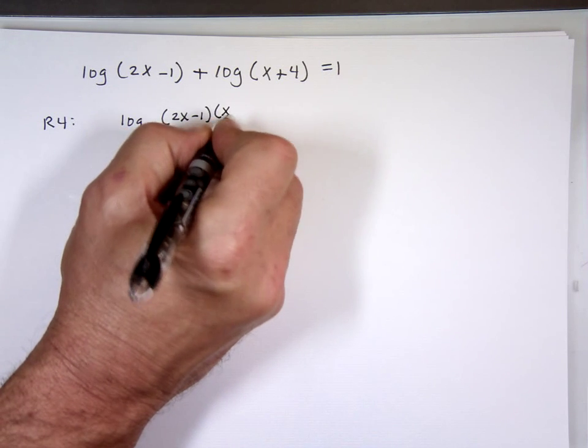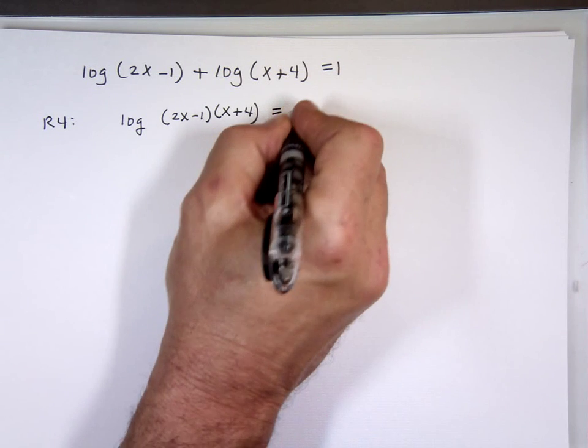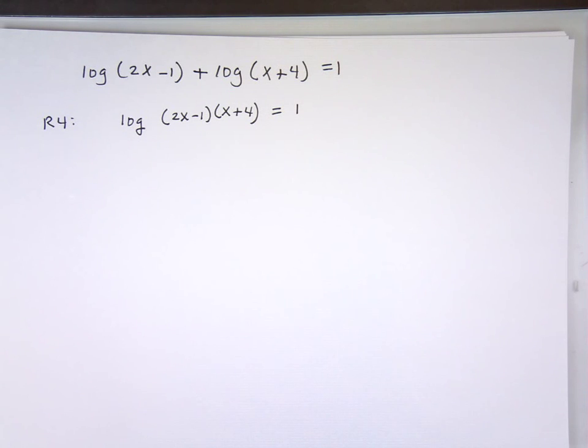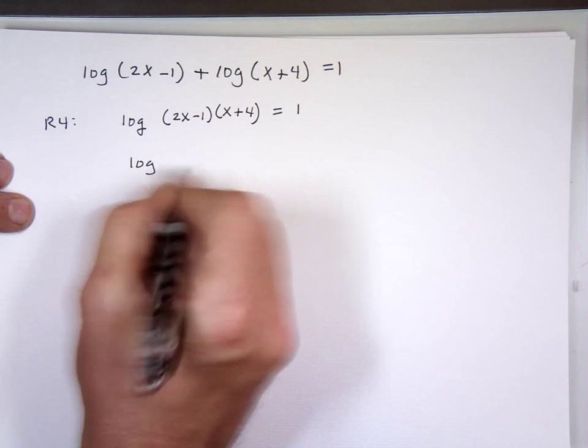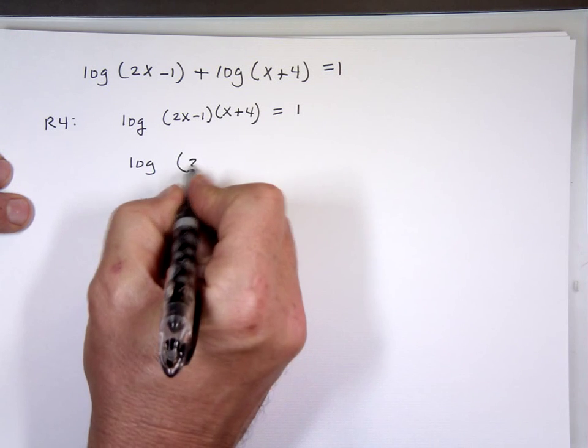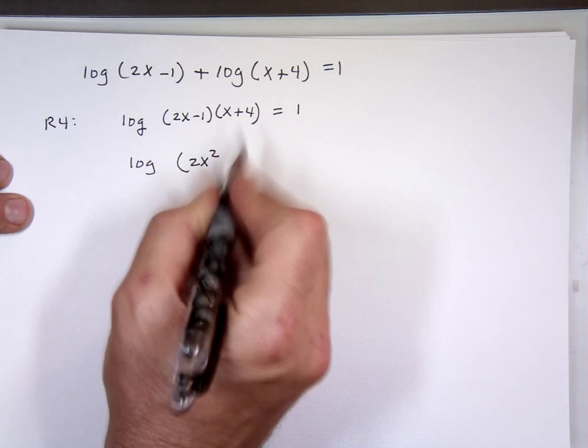That's what it used to be. Can we FOIL that one while we're at it? What's 2x times x? 2x squared plus 8x minus 1x plus what? 7x minus the 4.